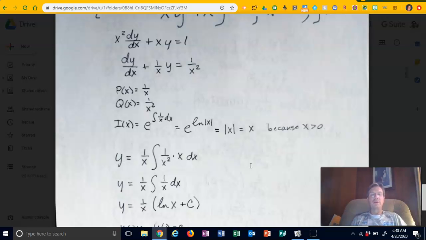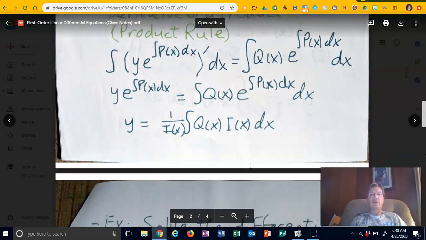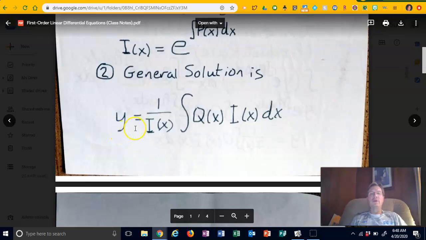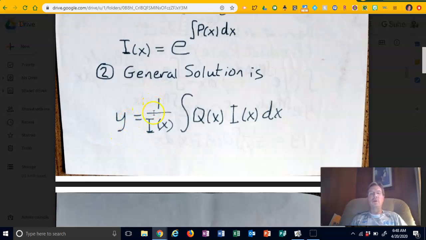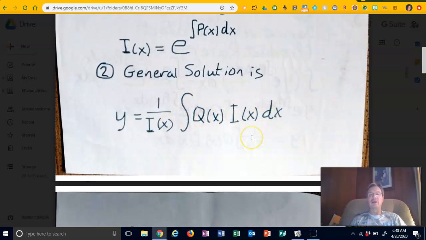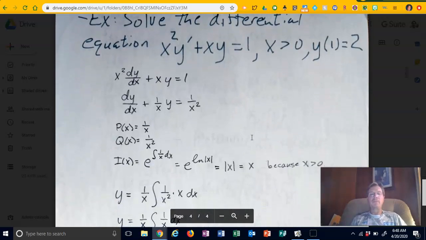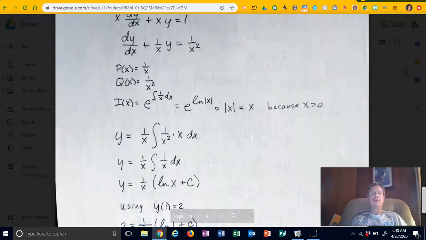All right, so now our general solution, and that comes from what we had right here. The general solution is y is equal to 1 over the integrating factor I of x, times the integral of q of x, I of x, dx. All right.